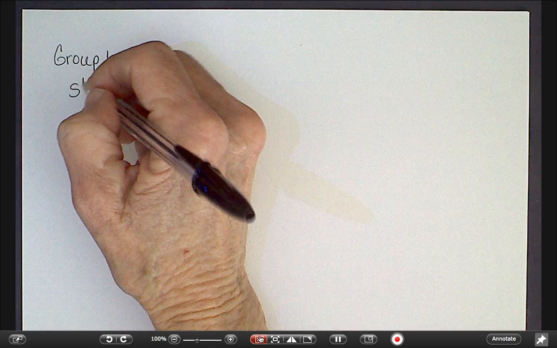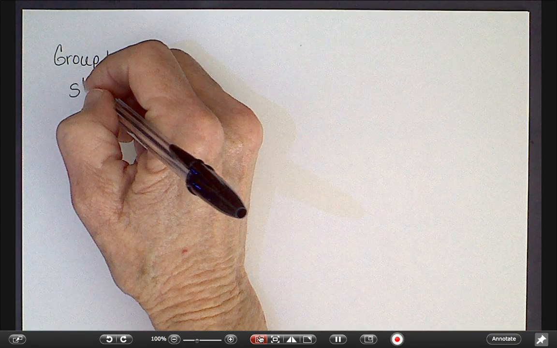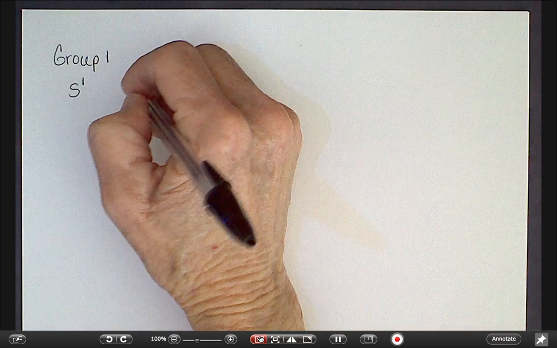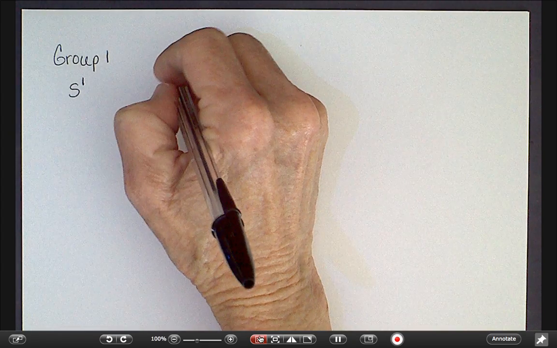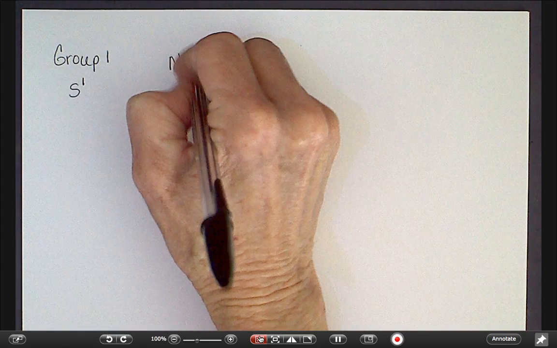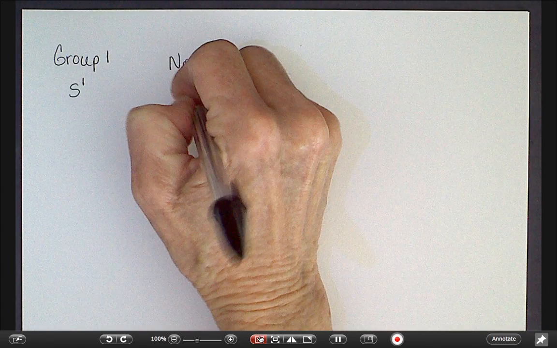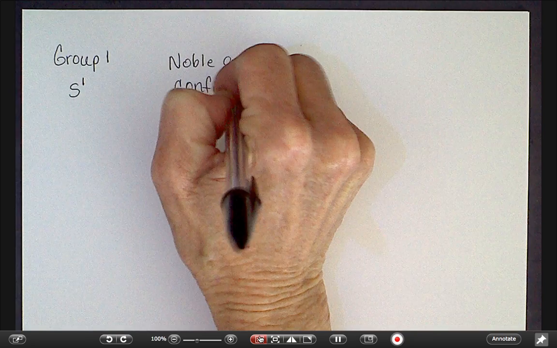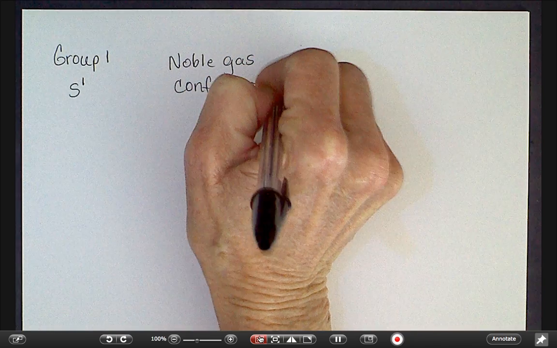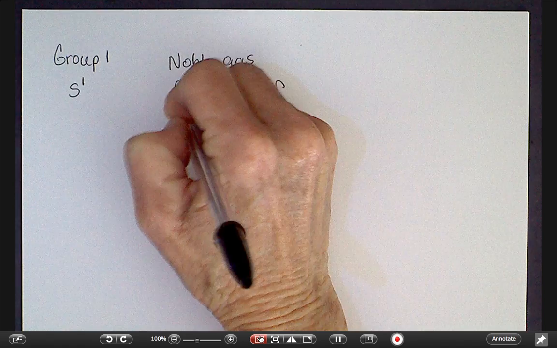When group 1 loses their one valence electron, they end up with the noble gas configuration in the row above.